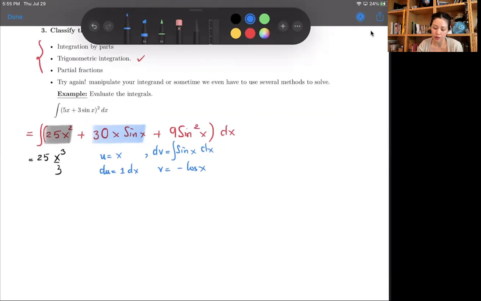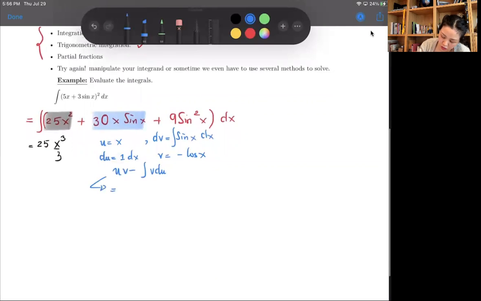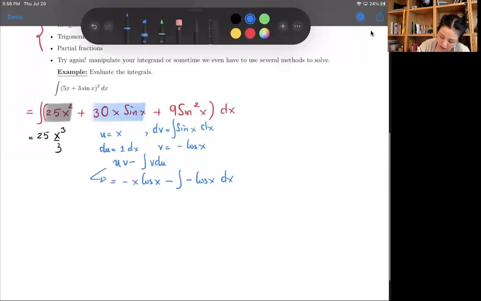And now uv minus the integral of v du, right? Which is equal to uv, which is minus x cosine x, minus the integral of v du. V is minus cosine x. Du is just 1 dx, so just dx. Okay.